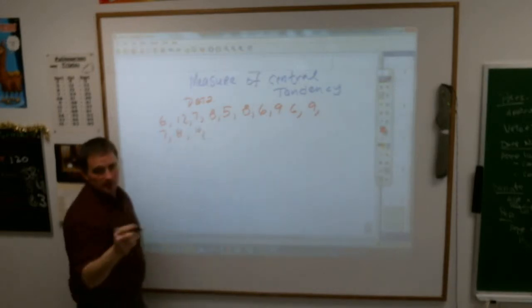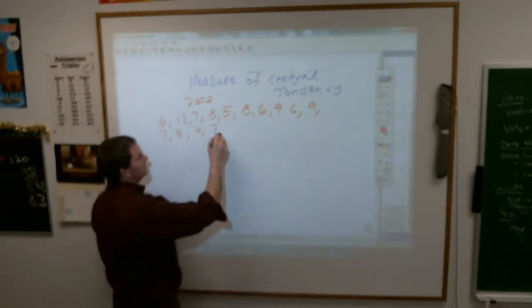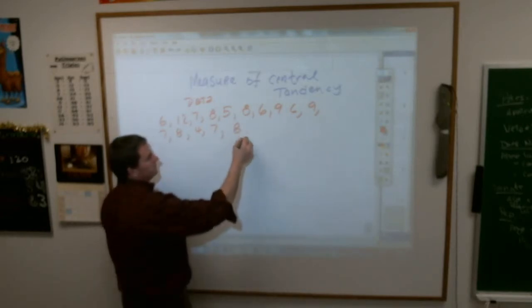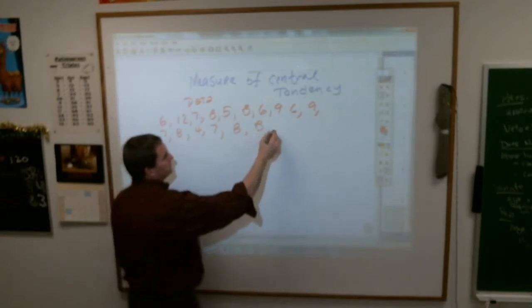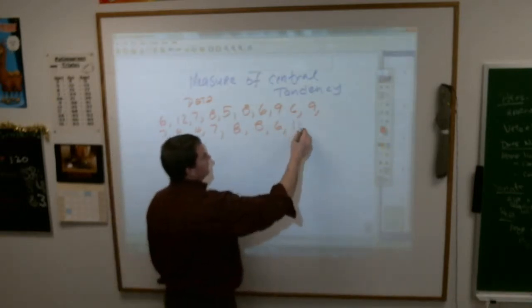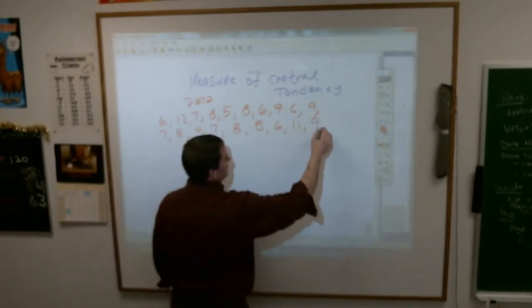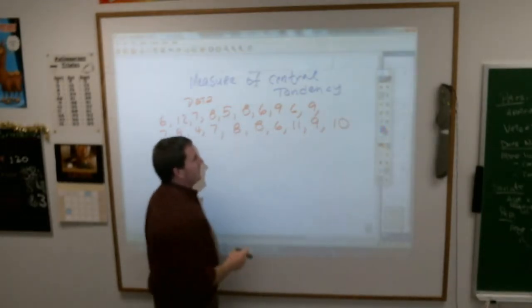Peter? 7. 8. 7. Kelvin? 8. Liz? 6. 11. There's an 11 in there. 9. Carrie Ellison's 9. And Luke's? 10. Not bad. Okay.